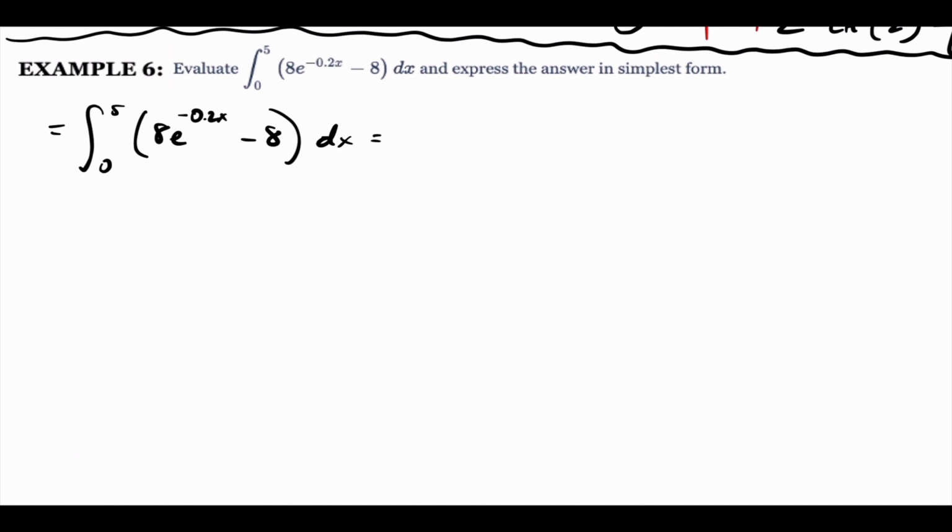More than likely, that's going to be where to start. In this case, this guy has e to the negative 1/5 x, negative 0.2x, right? Negative 1/5. So if e has a power other than x, that's where I would start with u. Make the power u.